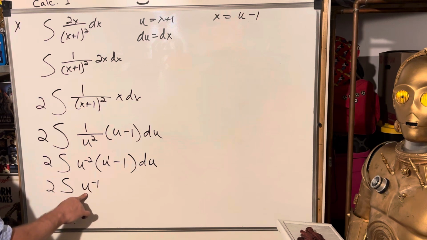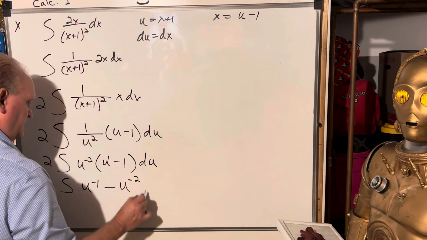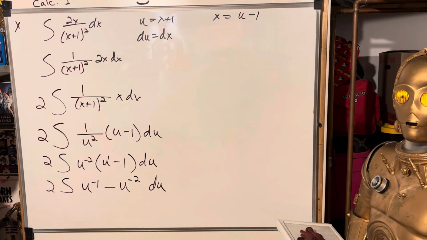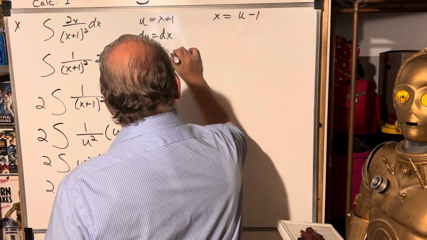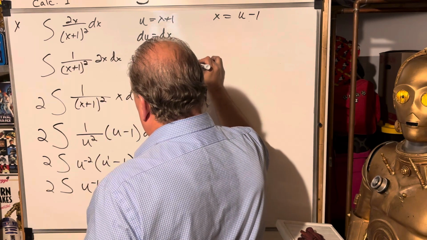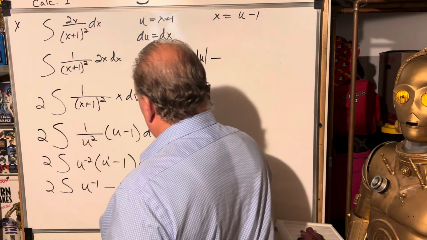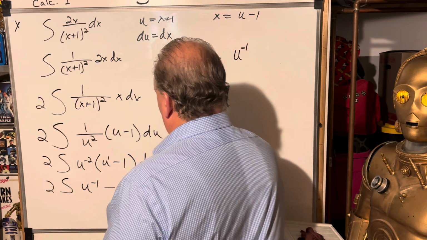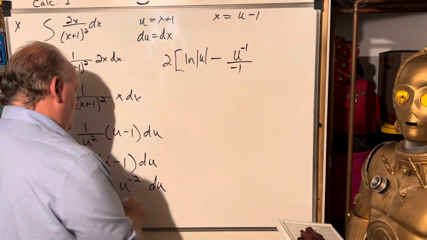So there is our little 1 over u, and then minus negative 2 du. And now I can integrate each one, one at a time, with the 2 kicker. So we've got 2 times the integration. That is going to be ln of u, minus, add 1, so that's u to the negative 1, and then divide by the power, negative 1, and then plus c.